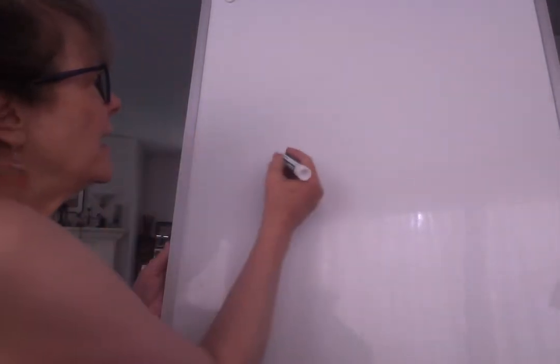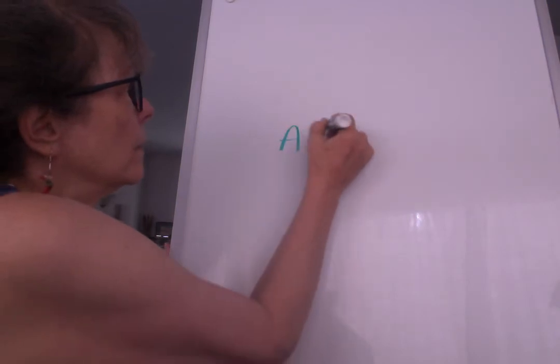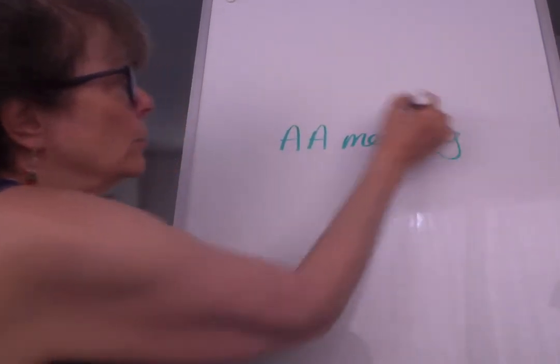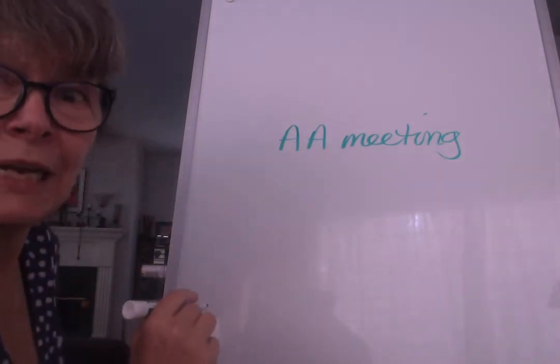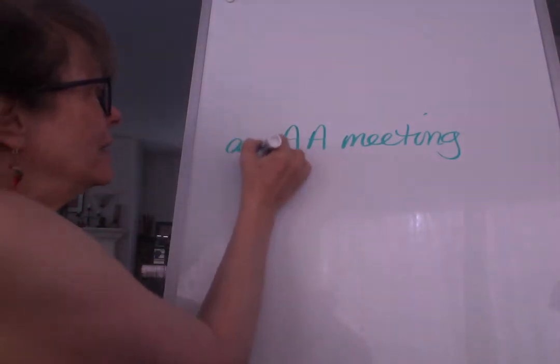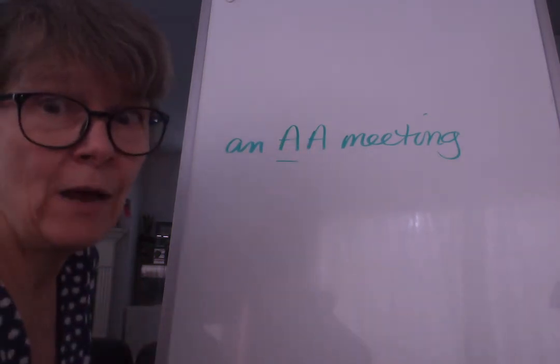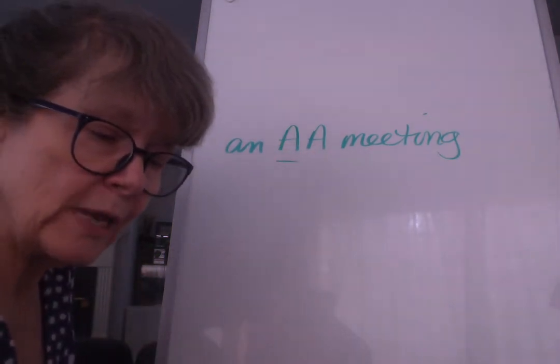Okay? This also applies when we're using acronyms. So if I say, I'm going to an AA meeting, an AA, right? This sound, that's a vowel sound. So, of course, we use an.